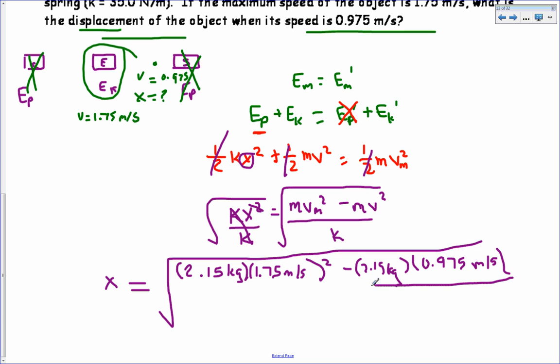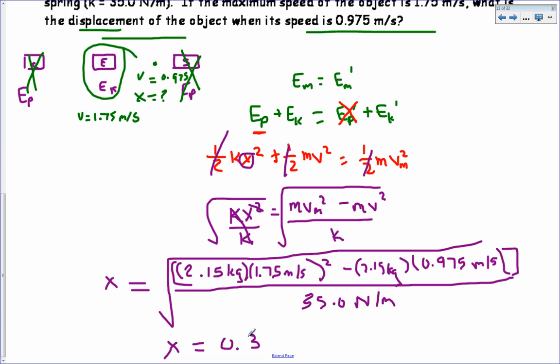And then that's all divided by the spring constant, which was 35.0 Newton meters. And just be really careful here. I would recommend solving for this whole thing, which means you need brackets around the top before you divide by 35, then taking the square root of it. And your x should be 0.360 meters.